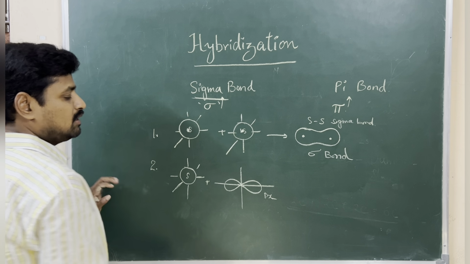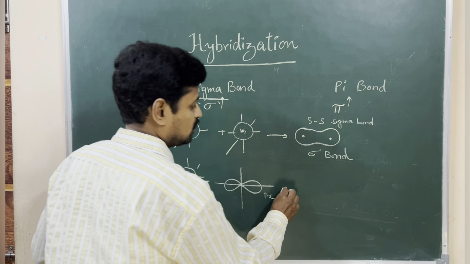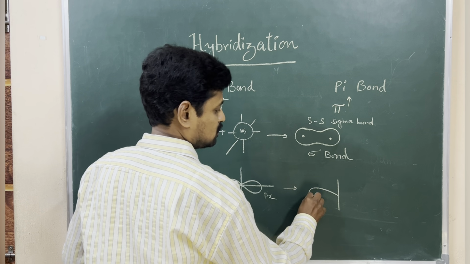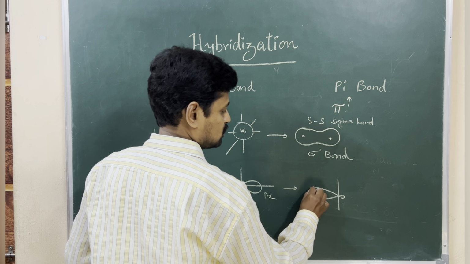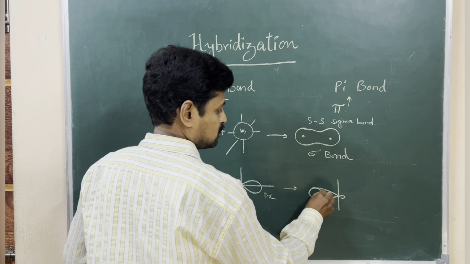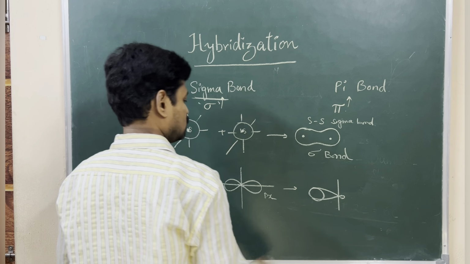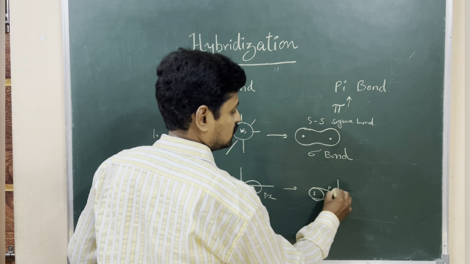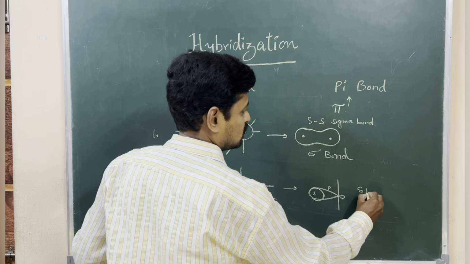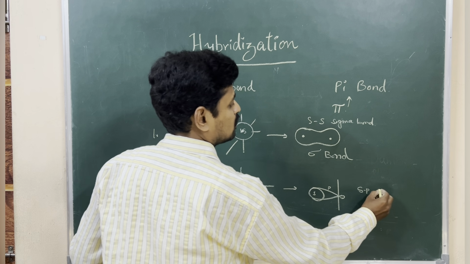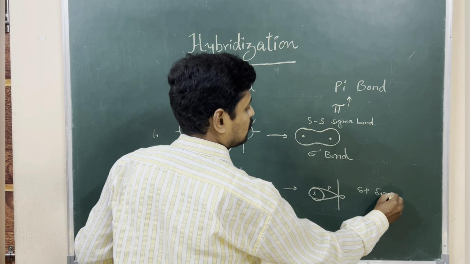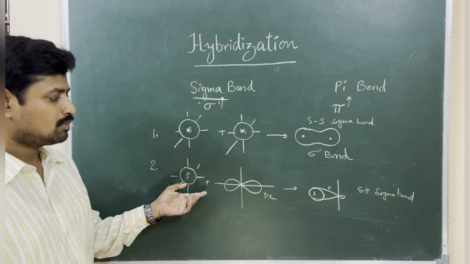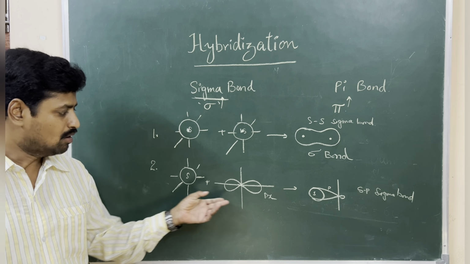When these two combine together, a new orbital will form. This is 1s and this is p. So this is the sp sigma bond. In this orbital, a 1s orbital and a 1p orbital are involved.